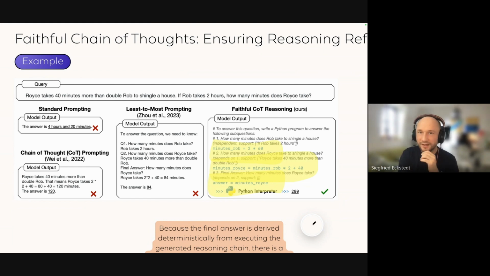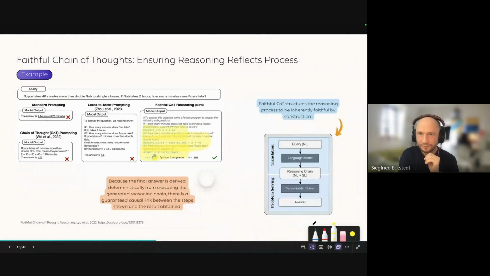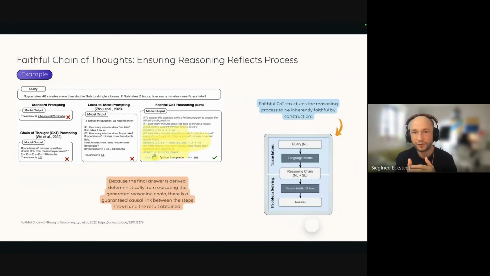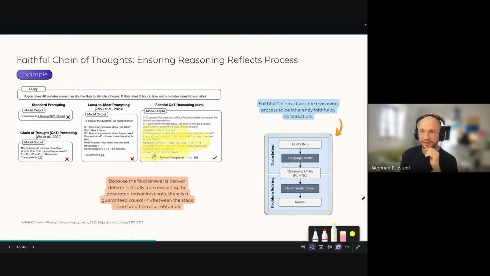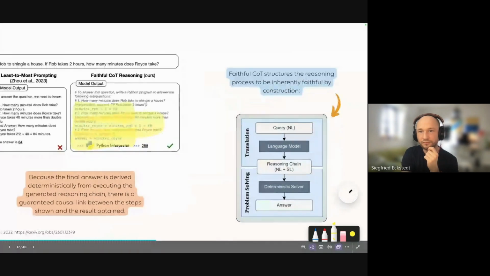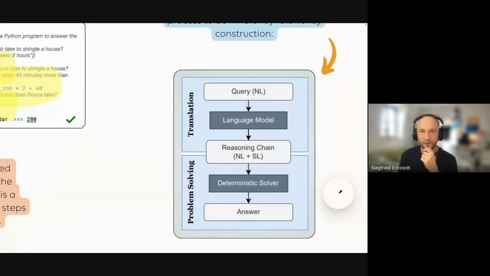So in that regard, faithful always follows a structure that is twofold. It is, on the one hand, the translation part where you have the query coming in and the language model does the reasoning about it, but then the problem solving, meaning the execution of the code, is done in a deterministic way.